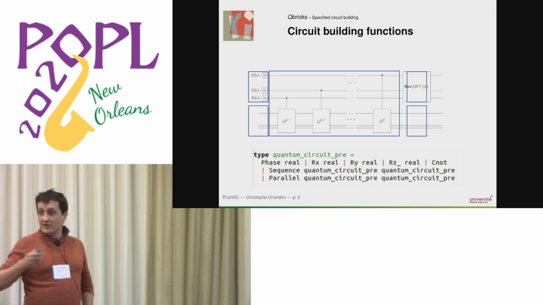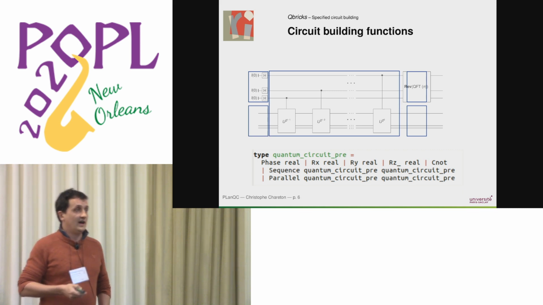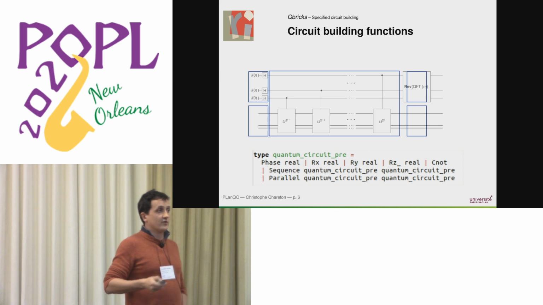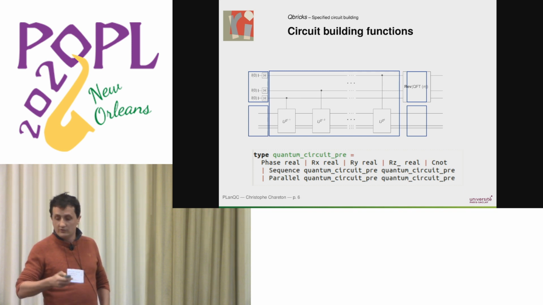So a very simple algebraic structure with a set of primitives that are the elementary gates of the calculus. So here the phase gate, the rotations, and the control not. And then two relations of compositions of circuits in sequence and in parallel. So we are relying on this algebraic type to define circuits.